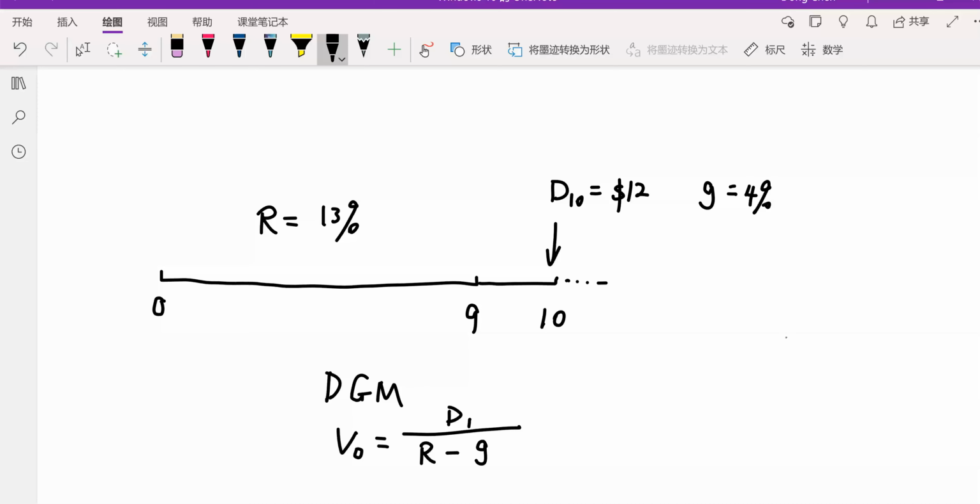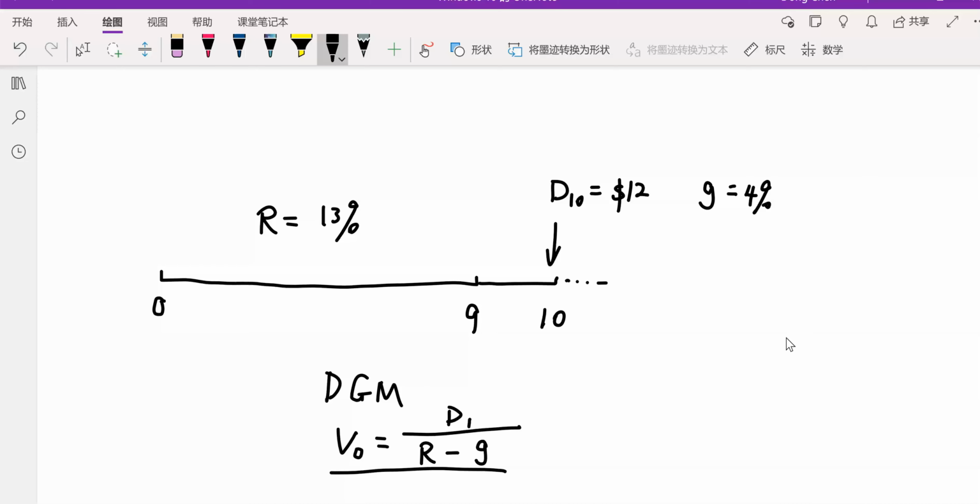So if we want to use this formula in this setup, we have to realize that the V we are calculating is not in terms of the current period. It's actually in terms of year 9. Why is that?